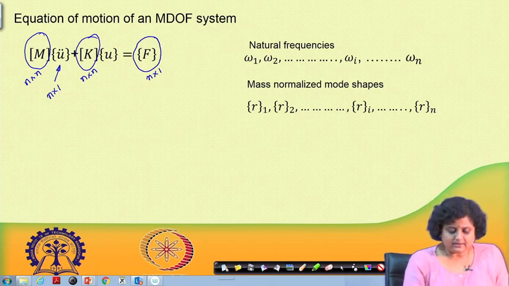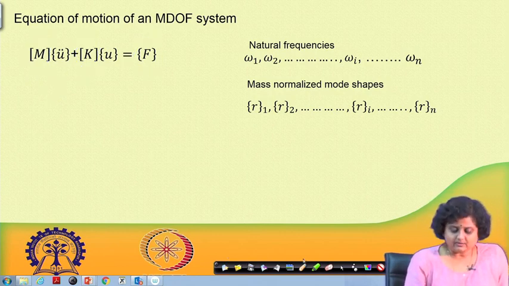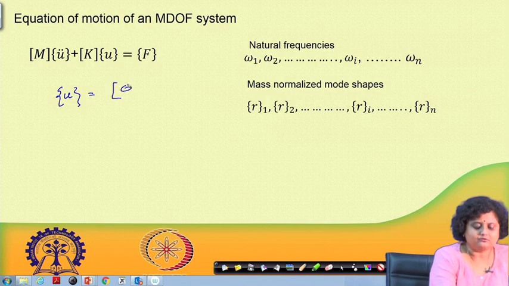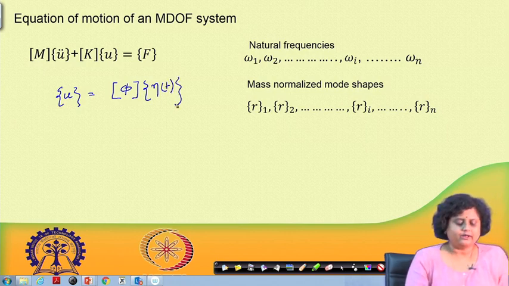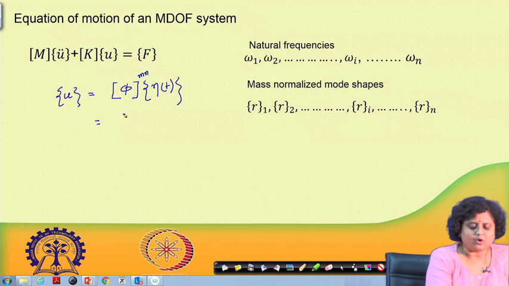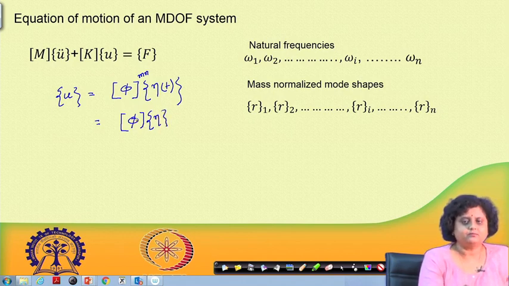Now, what I will be doing is that I will write U as my modal matrix phi and eta t. Let us assume that this modal matrix is mass normalized. I am dropping the superscript m n just to make the expression simpler. So, phi is mass normalized.